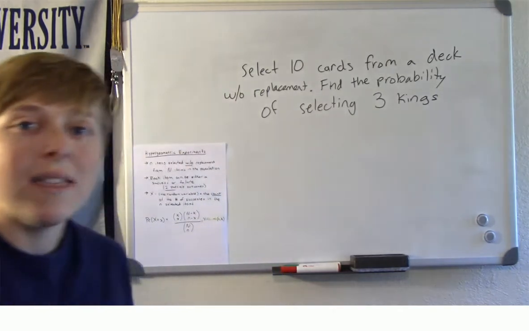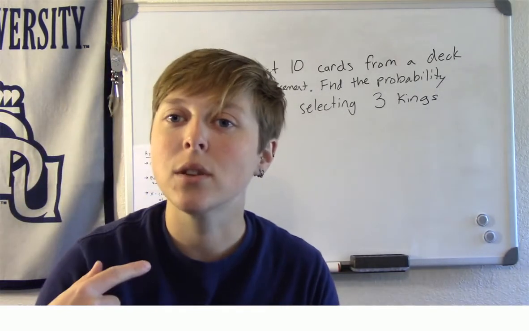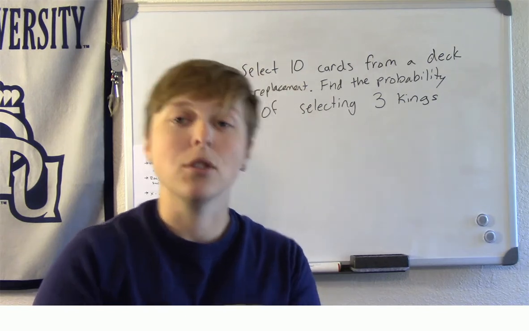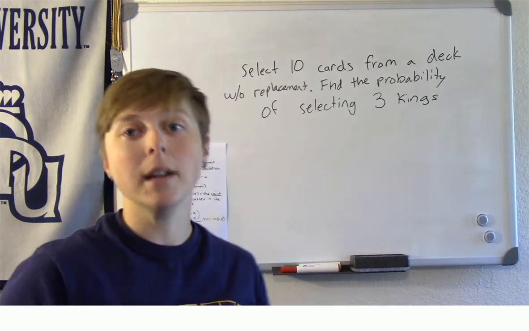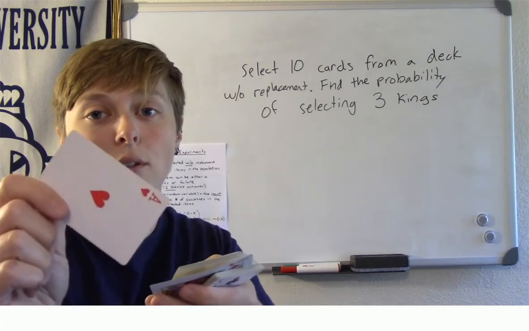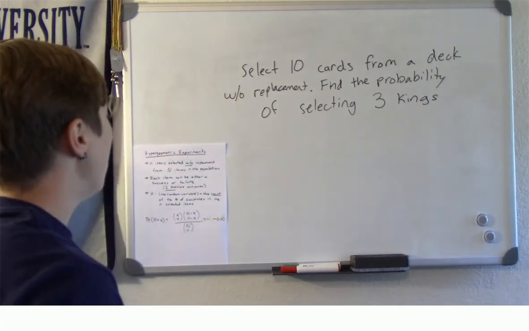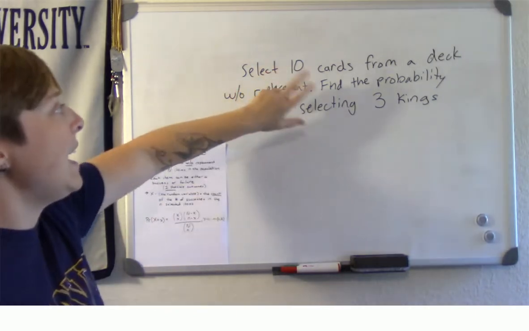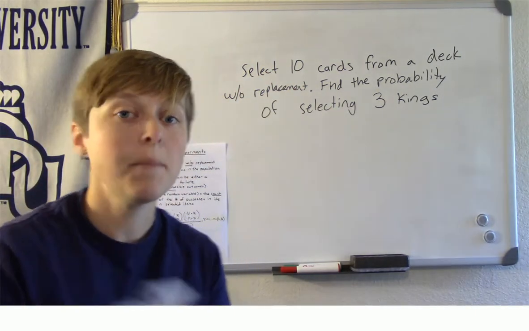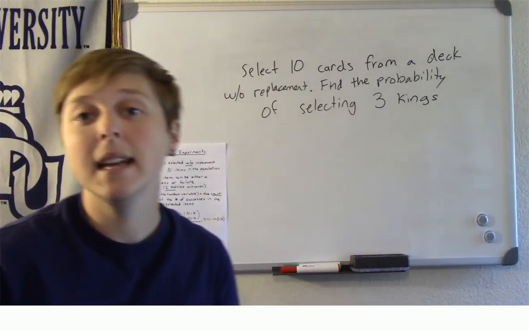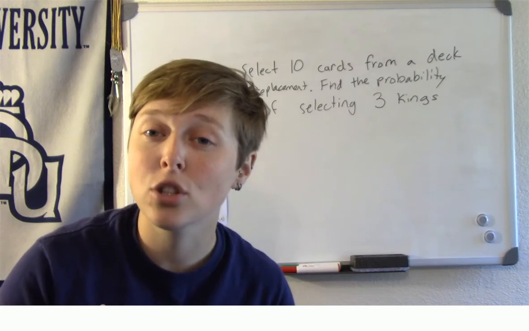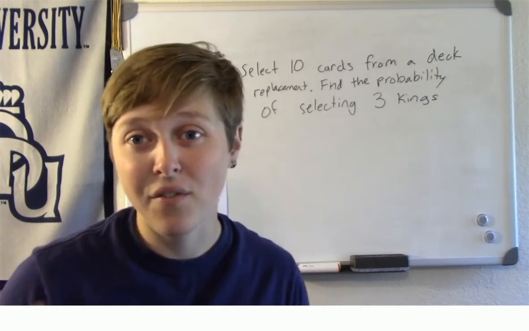That dependent relationship is what's going to make this an example of a hypergeometric distribution rather than a binomial, the fact that I am not putting the card back in the deck before I give you another card. So we have 10 cards that we're going to select from the deck without replacement, and we want to find the probability of selecting 3 kings. Just like in the binomial distribution, we have a success and a failure.